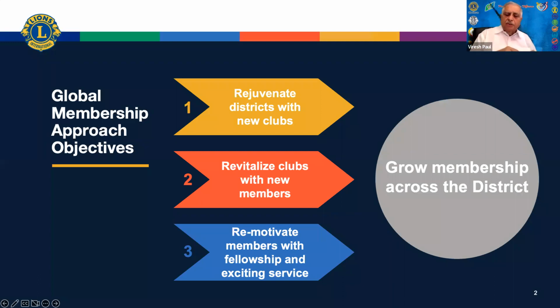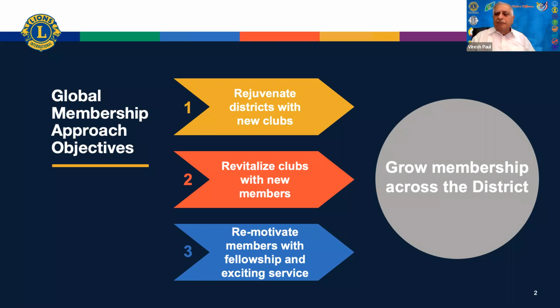I won't talk about new clubs today, but some of the ideas in item number 2, revitalizing clubs with new members, obviously apply when you start building a new club, so bear that in mind. We will at some stage run a separate session on starting new clubs. At the moment, I'm working with the zone chairman on that part, but we will involve you soon.